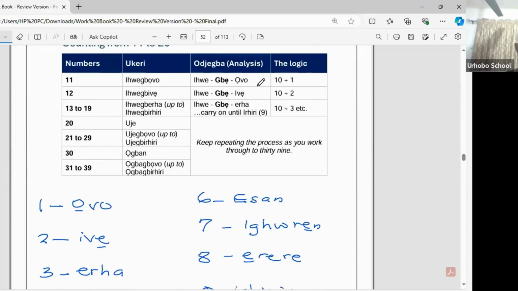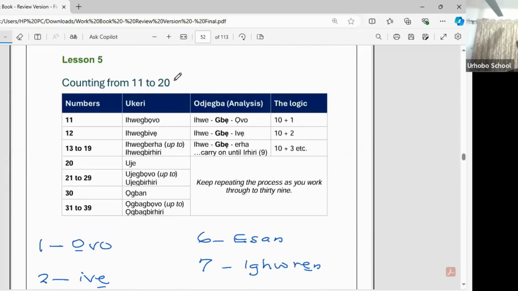11 to 20 is simply ikwe bovu. Ikwe bovu. This B is linked together. Ikwe bovu is 10 plus 1.